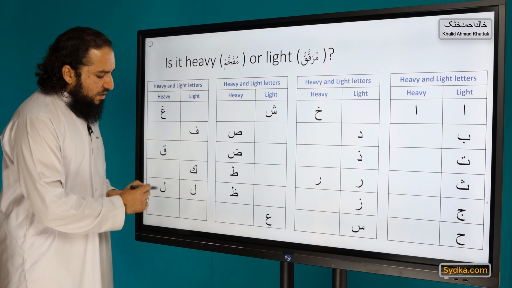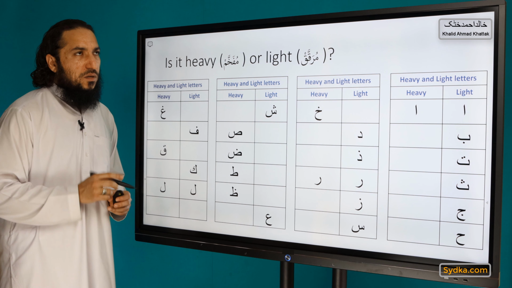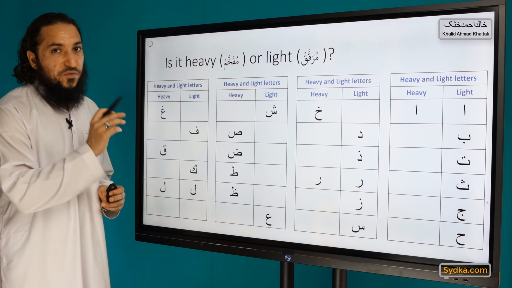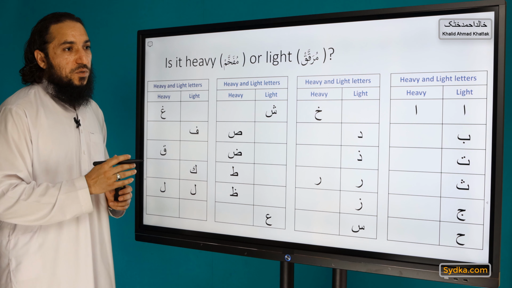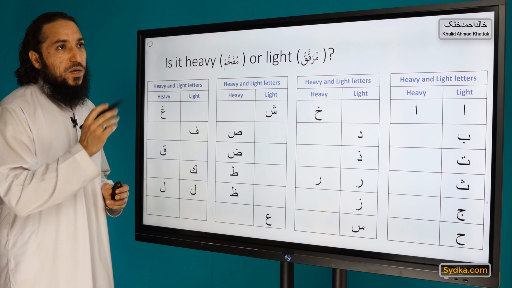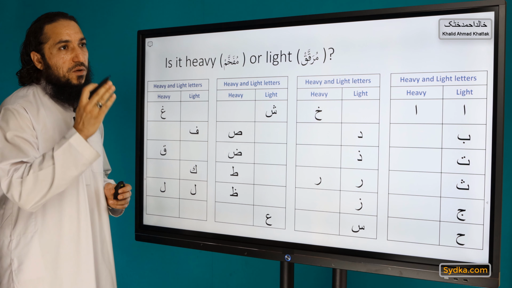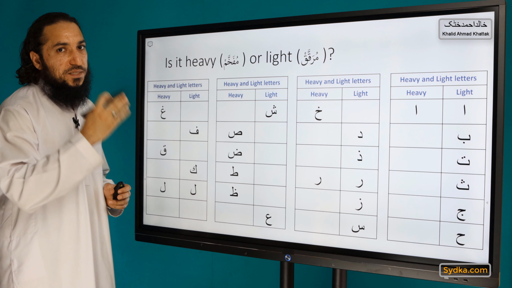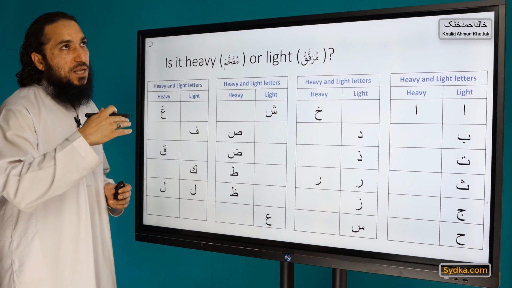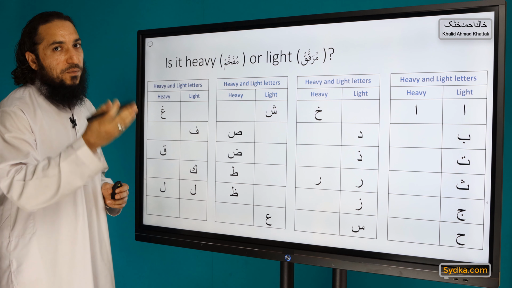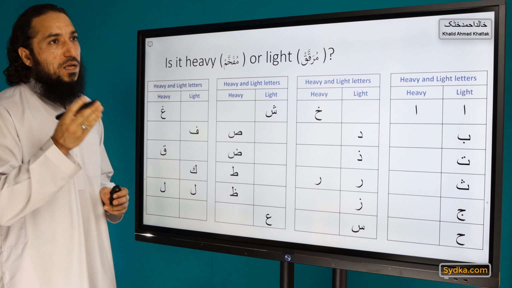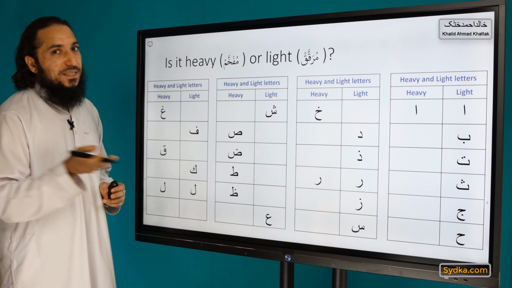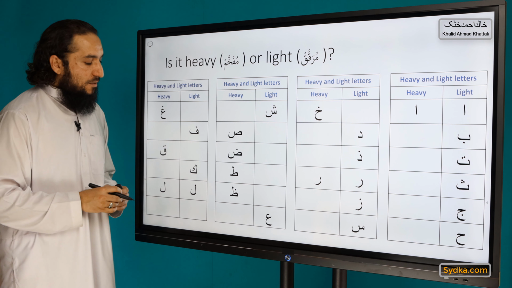It's only heavy with the lafzul jalal, the name of Allah, when the lam is preceded by fatha or dhamma, not with kasra. So if it's Allah, it is heavy; if it's illa, that's light.